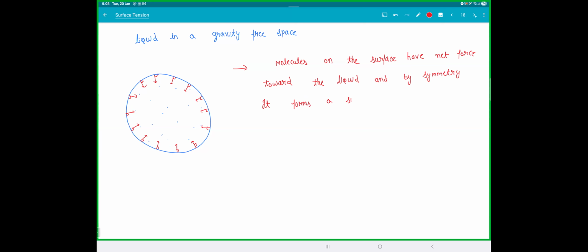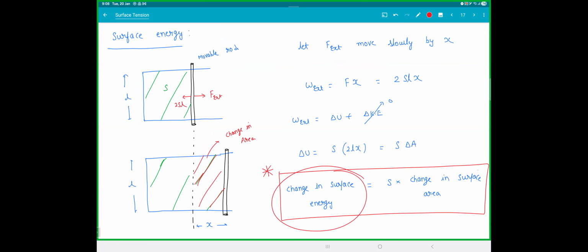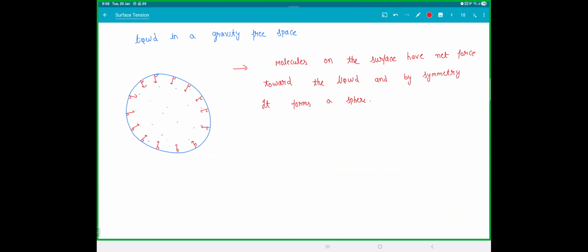Now we understand why the work done by the external force became S into change in area. Think of it like this: the more energy you have, the more molecules on the surface. More molecules on the surface means more surface area. Is that making sense? You're putting more unstable molecules on the surface. That means your energy is increasing. So when your surface area increases, your energy also increases.